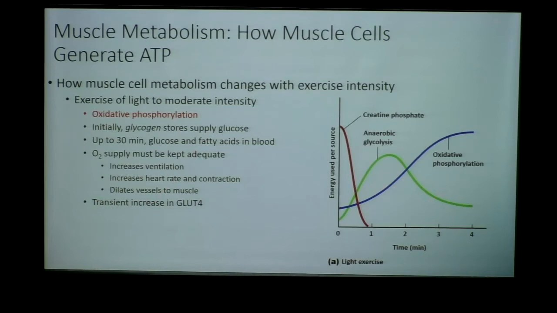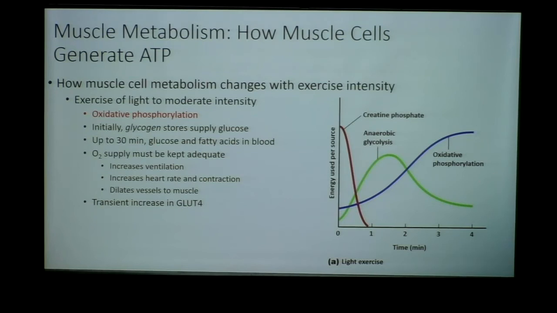As you can see here, this takes over the energy production for light exercise. The reason, as I mentioned earlier, is that we can increase our ventilation comfortably. If we're walking or light jogging, we can always increase our ventilation to meet the oxygen demand of oxidative phosphorylation, and we can sustain that.